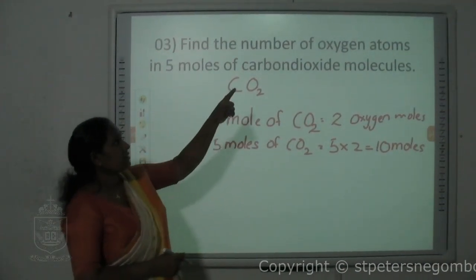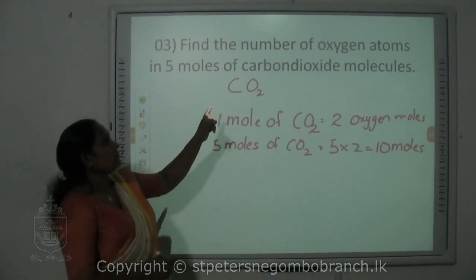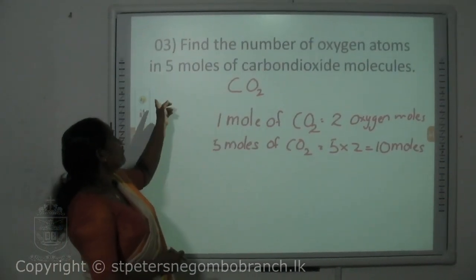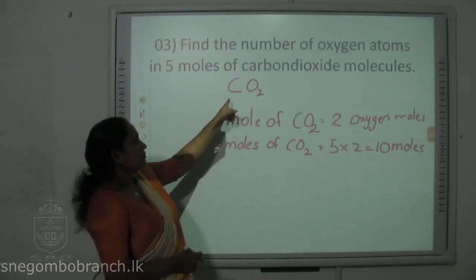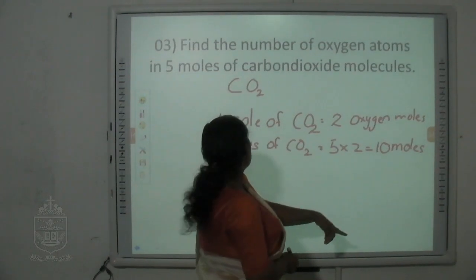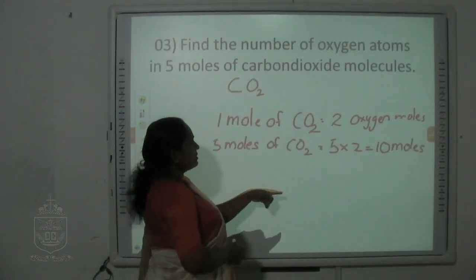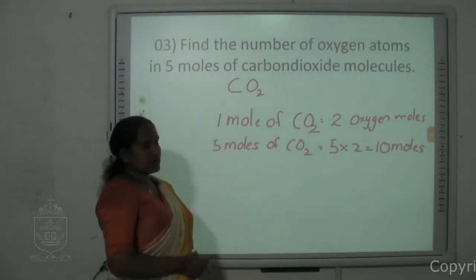We have to find out atoms. Find the number of oxygen atoms in 5 moles of carbon dioxide molecule. Now in 1 mole of carbon dioxide, 2 oxygen moles are there. In 5 moles of carbon dioxide, 10 moles of oxygen are there.